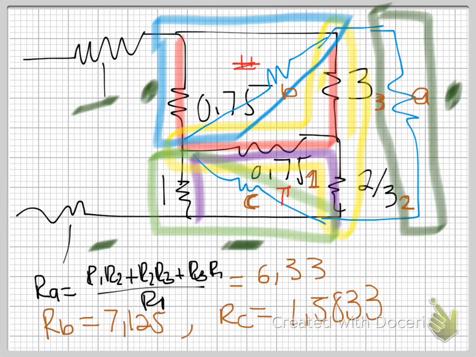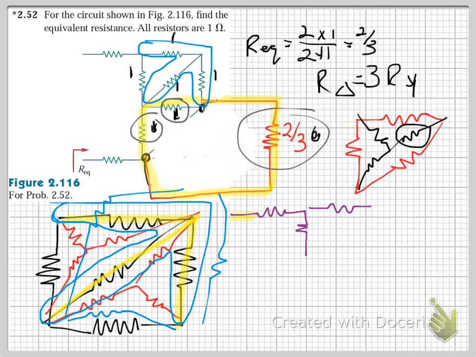And of course, there are multiple ways to do this problem. This is the way I decided to do it. You could have done the deltas. I challenge anybody to find a simpler way to do this problem, because this actually took me about an hour to do.